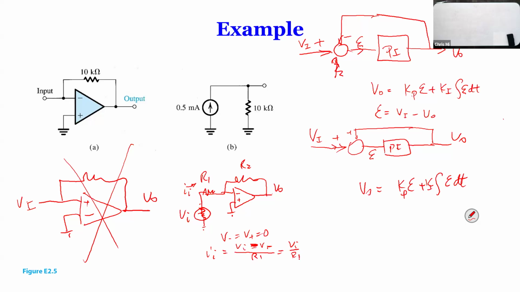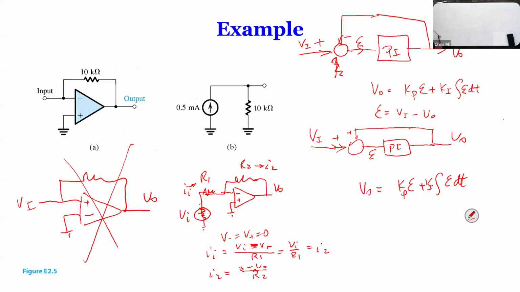And then I2 is going to be (0 minus VO) divided by R2, and this equals I1.